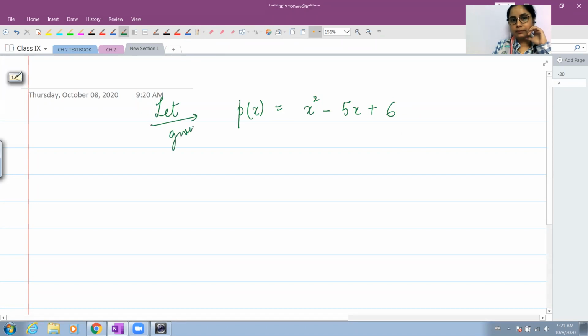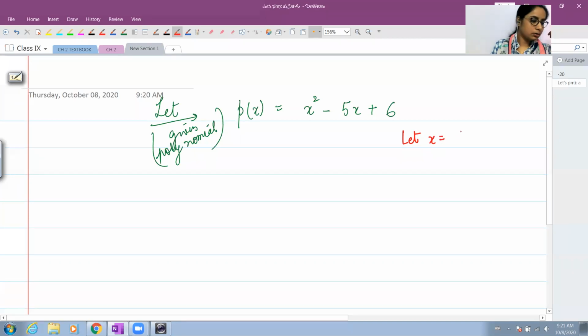This is the polynomial given to us. Now I am looking for a value of x जिससे px का आंसर 0 बन जाए. You could think of that number by trial and error also. So let us say x is equal to 2. I'm taking this value on my own.